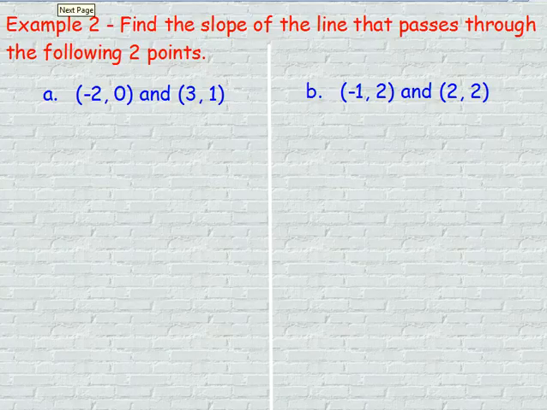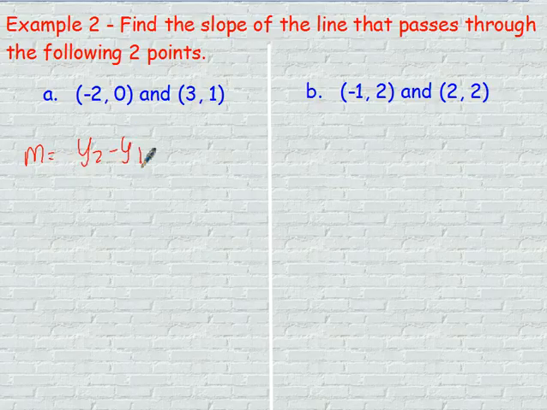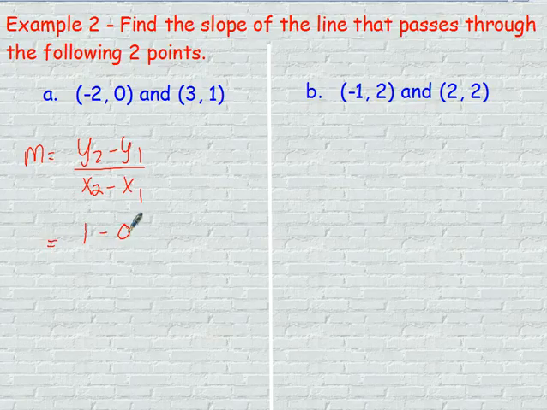I have 2 points. All they want me to do is find the slope in between. Once again, my formula is y2 minus y1 over x2 minus x1. So do me a favor, plug it in. What is this going to look like? 1 minus 0 over, so it's minus a negative.